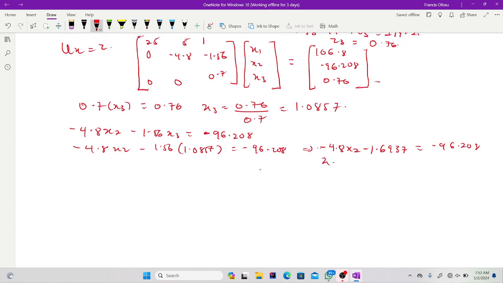So I can solve this to also get my x2. So my x2 is simply equal to negative 96.208 plus 1.6937, right?